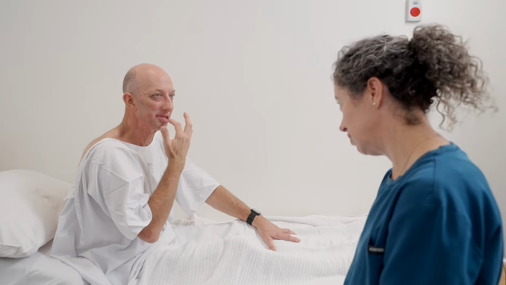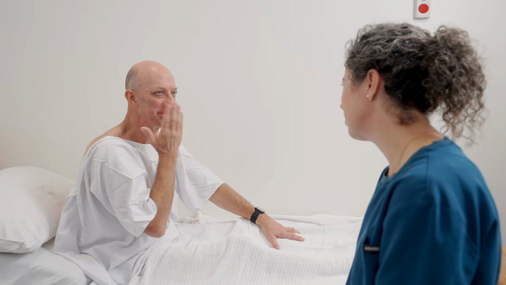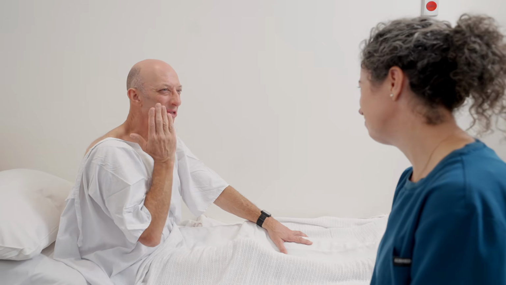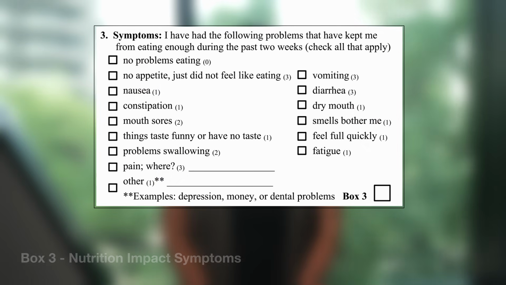Box 3 assesses symptoms that have negatively impacted food intake, absorption, or utilisation of nutrients in the past 2 weeks. The patient indicates which symptoms have directly impacted their food intake during the past 2 weeks. Symptoms do not need to occur daily to be counted.